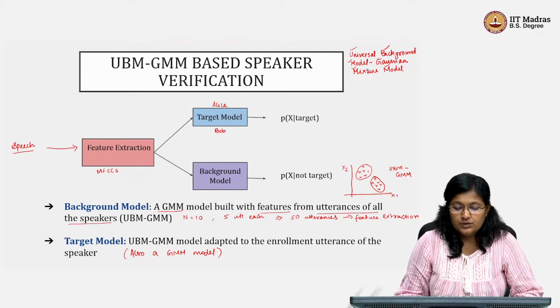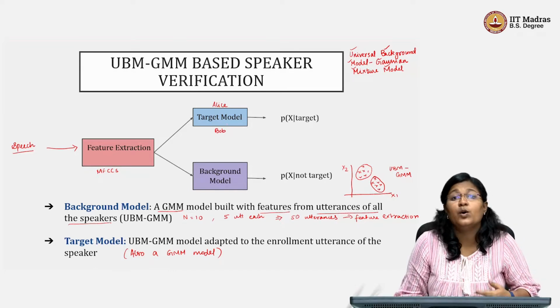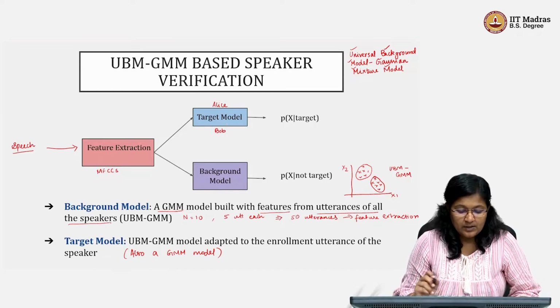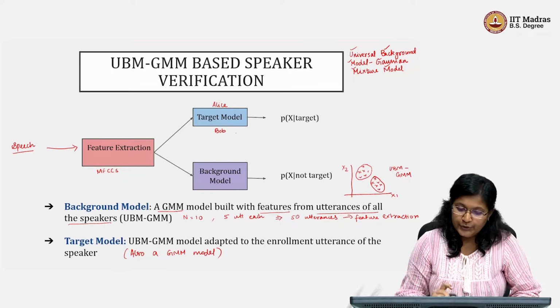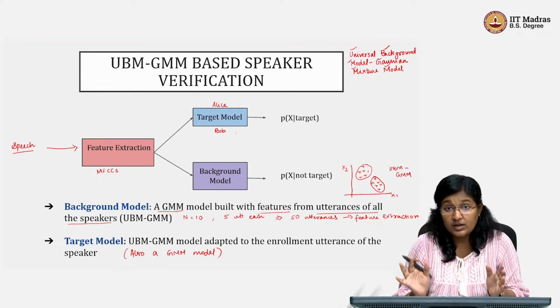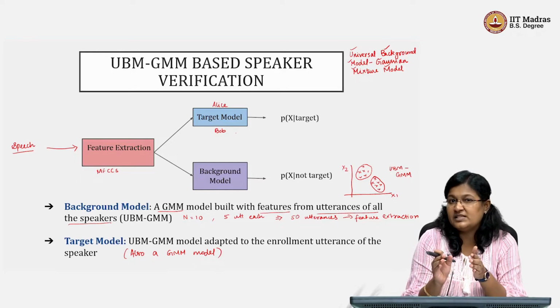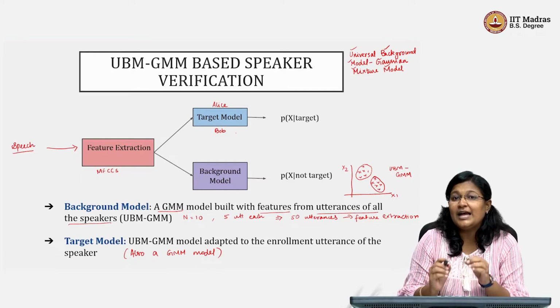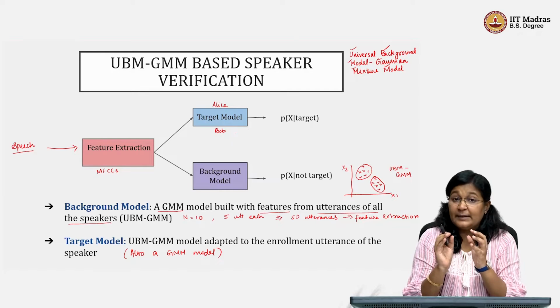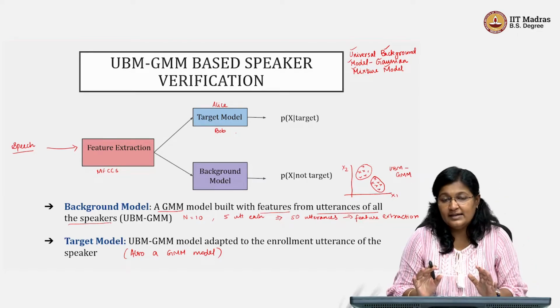So how many target models will I have? As many speakers as I want to verify. For the background model, we used all the utterances of all the speakers. The target model is specific to the speaker, so I'll use only that particular speaker's utterances here, not all the utterances.